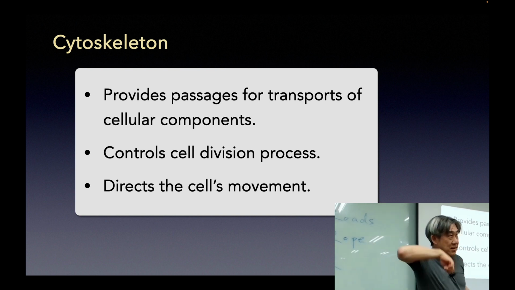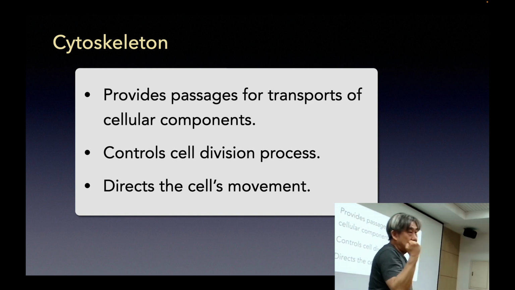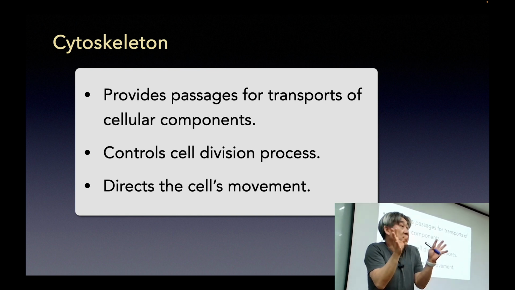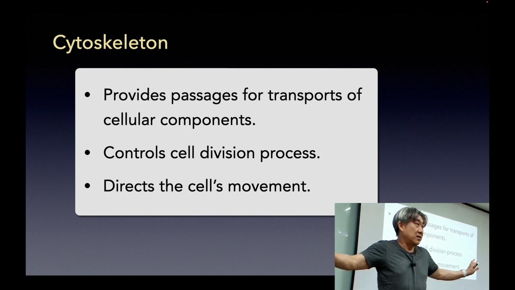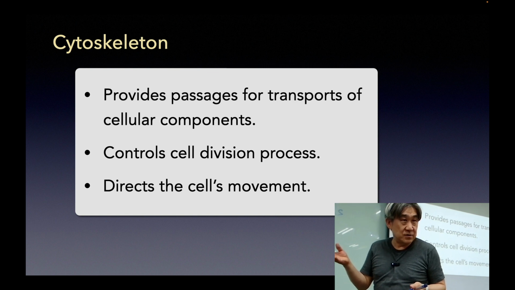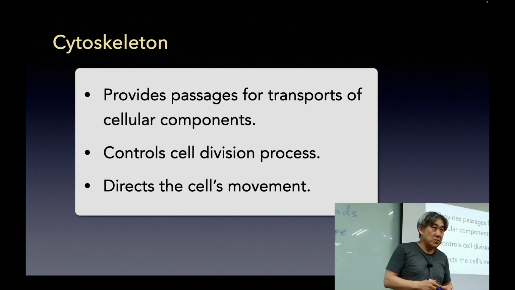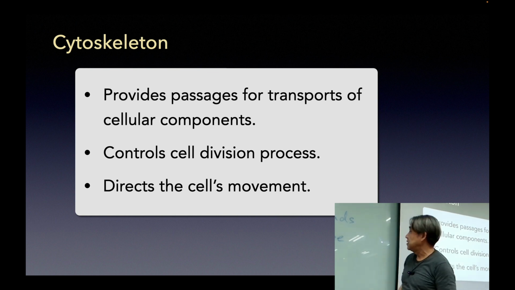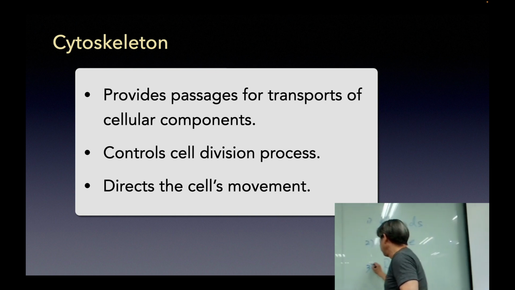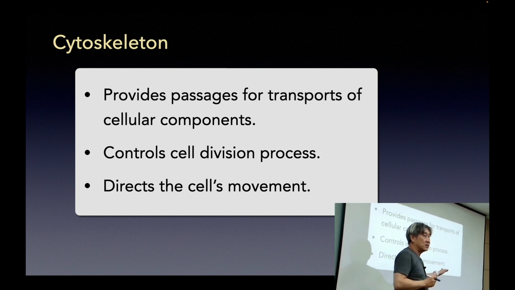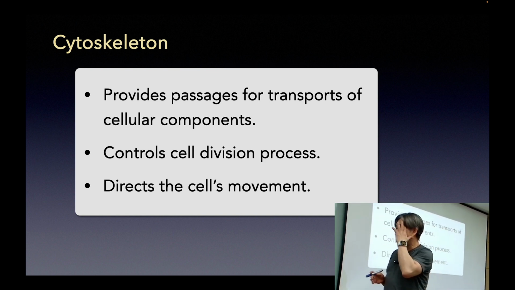Pulling, grabbing a chromosome and pulling it in one direction so that each chromosome gets separated. So the cytoskeleton works like a rope. It is like a Swiss Army knife, with so many different functions. And third, it directs the cell's movement. Is this another R?